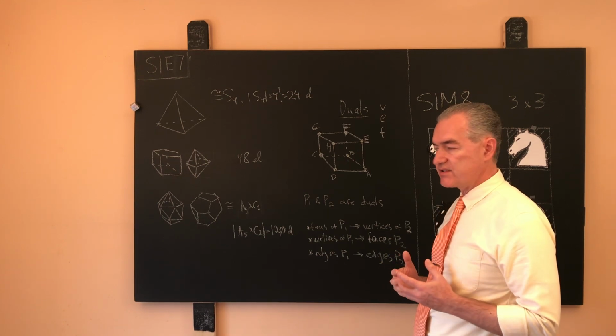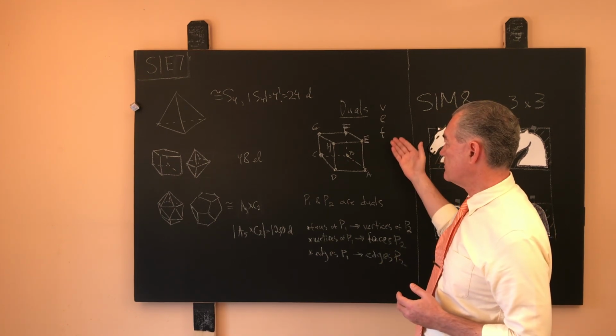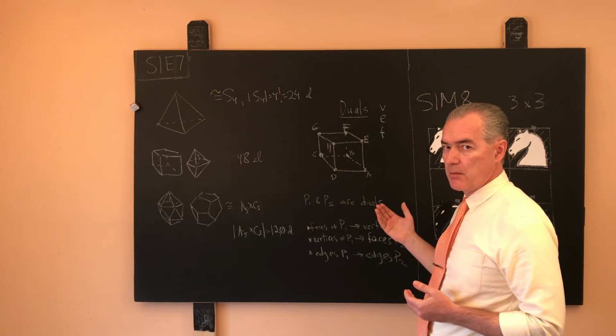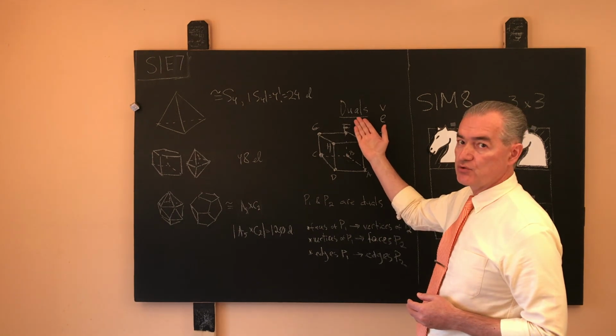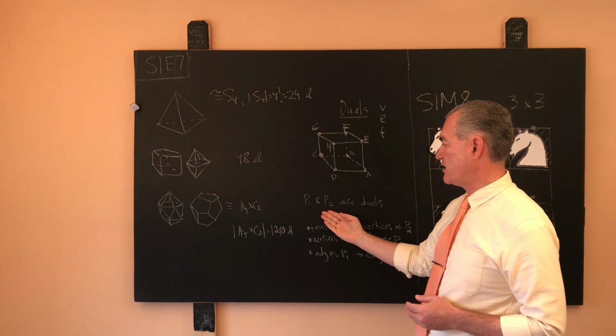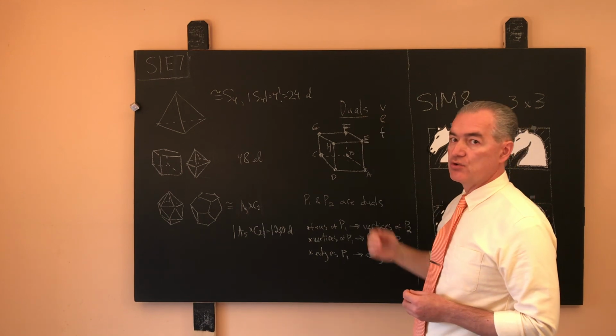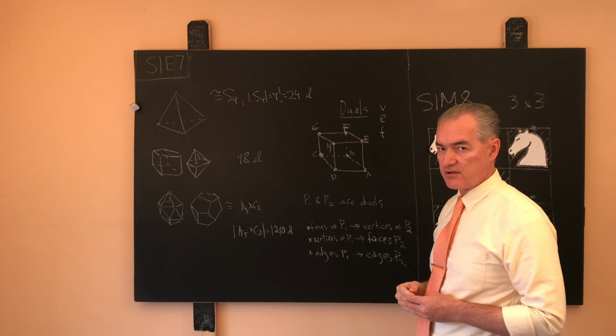Consequently, now that we understand what the fundamental building blocks of a polyhedron are, we can give a definition of what it means for 2 polyhedrons, P1 and P2, to be the dual images of each other.